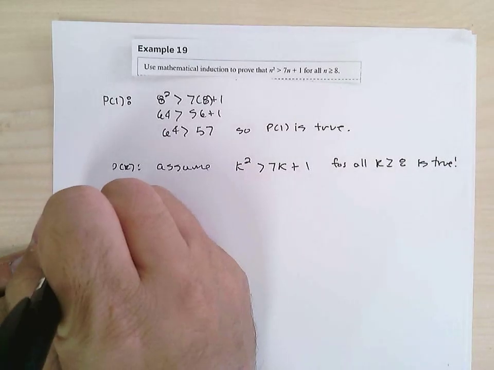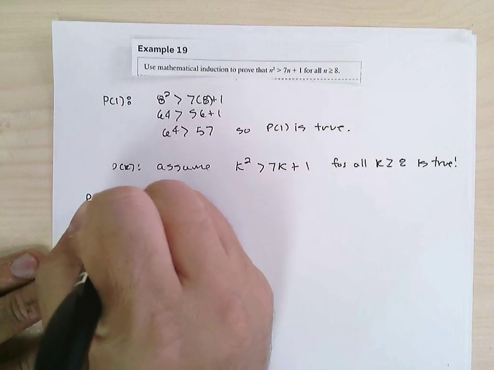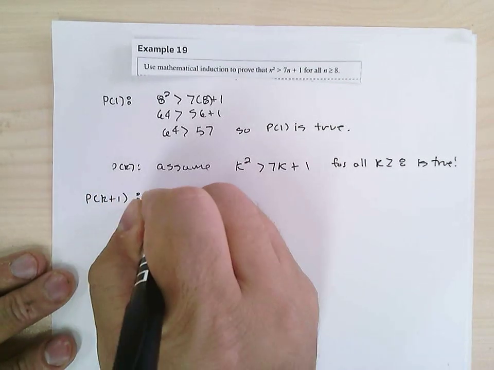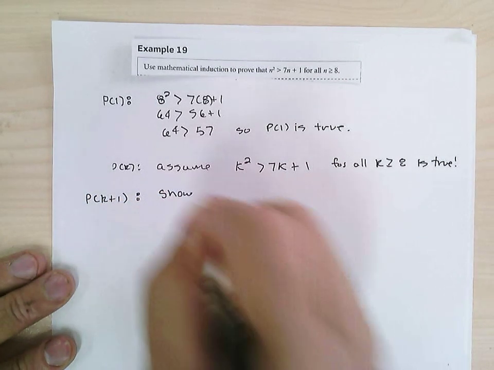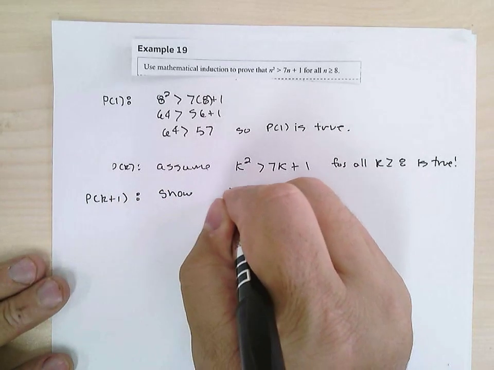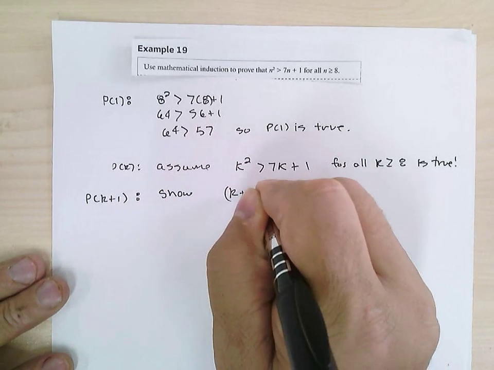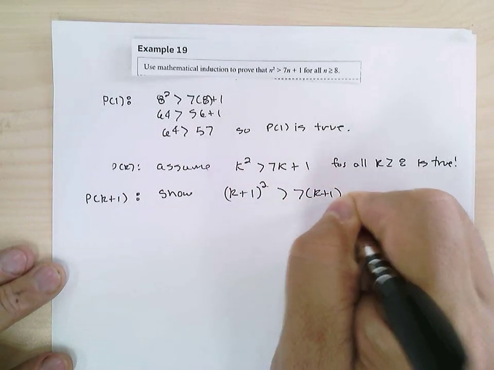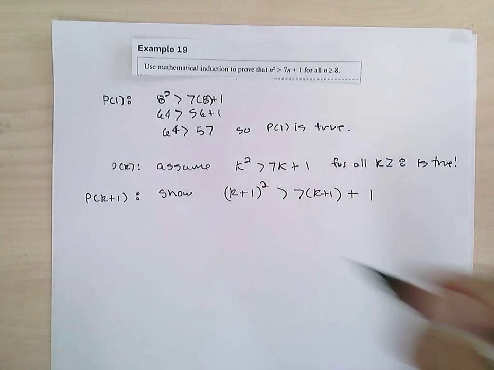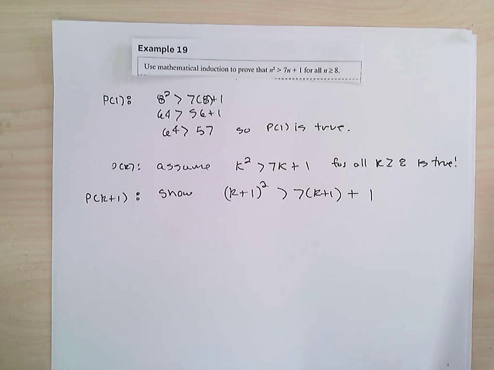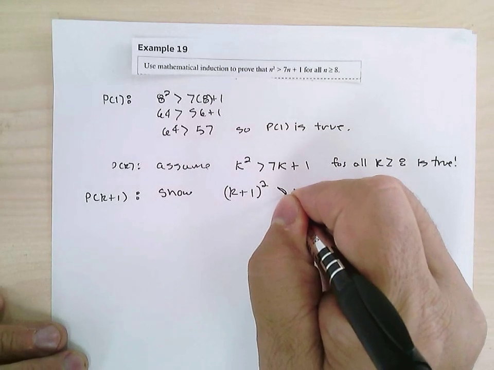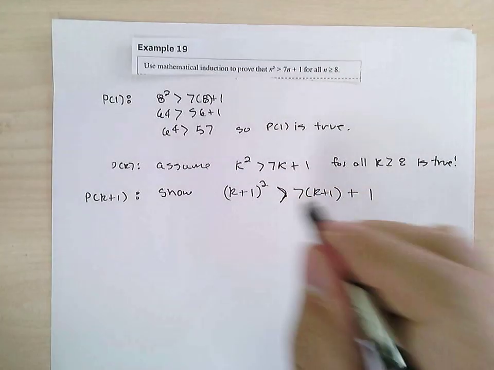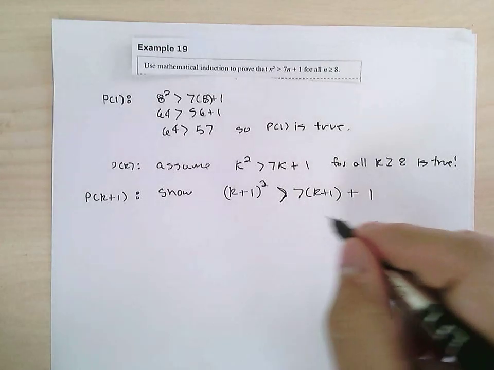Now the next step is P of k plus 1, and I want to show that k plus 1 squared is greater than 7 times k plus 1, plus 1. So that part's easy because all you're doing is plugging in k plus 1. But we want to show that this guy right here, the left-hand side, is indeed greater than the right-hand side.